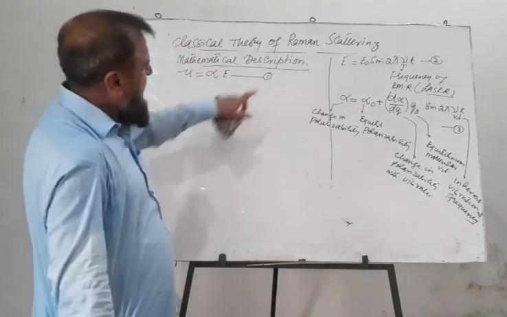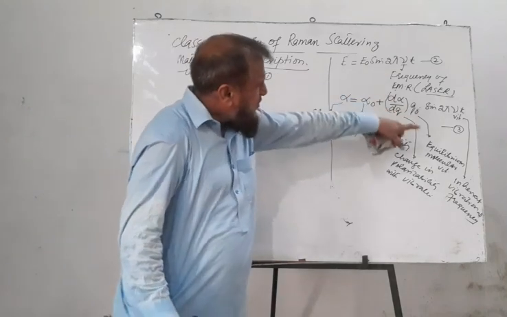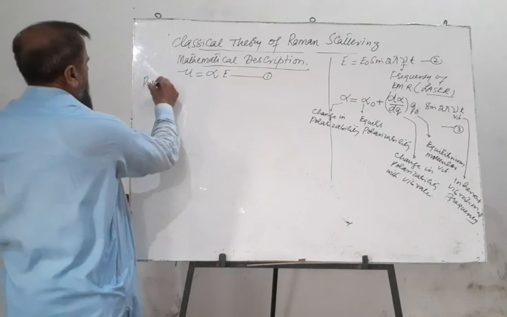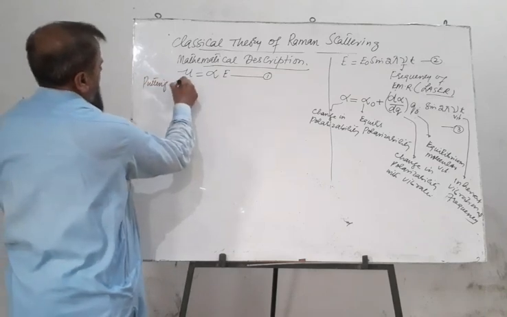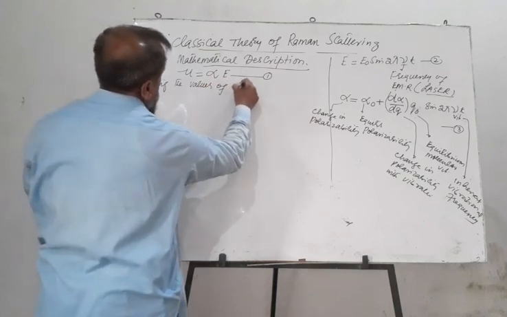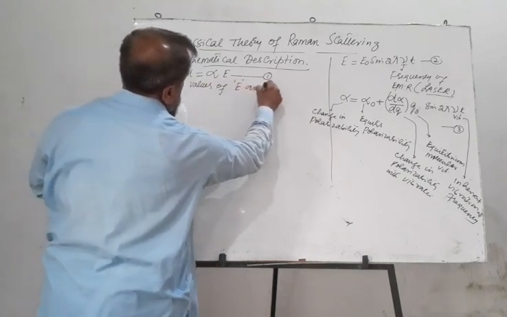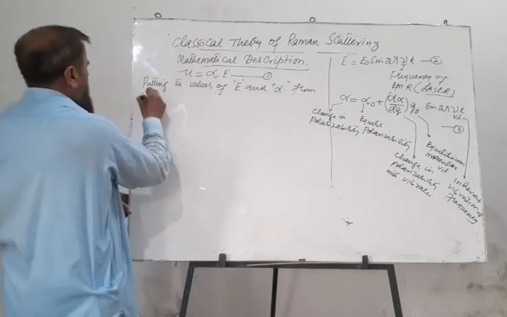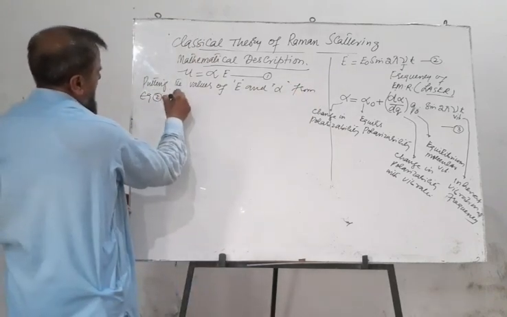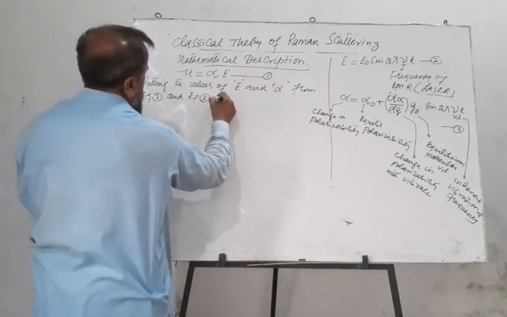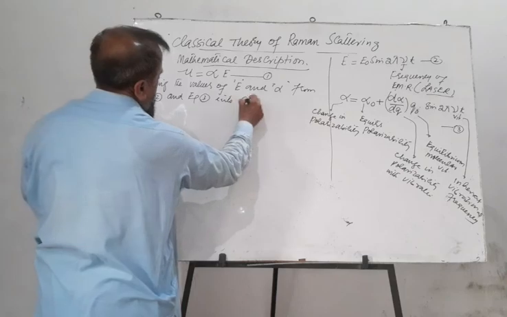Putting the values of E and alpha from equation 2 and equation 3 into equation 1 respectively.